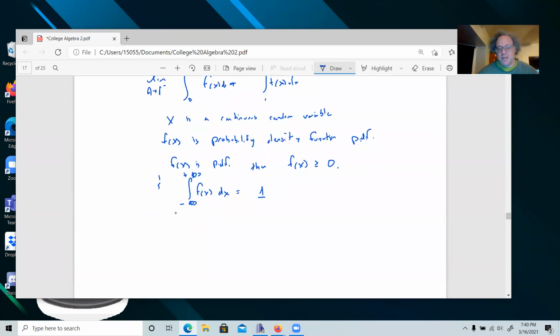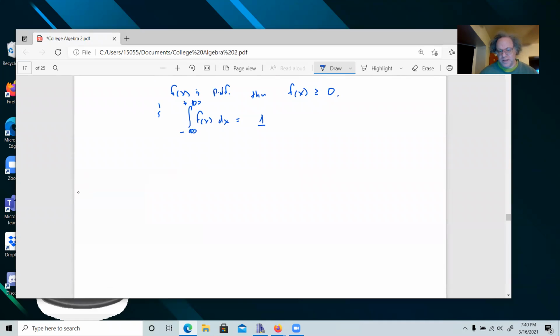The way we would write that is like this, one of my favorite PDFs for doing basic stats: f of x equals 1/12 when x is between 0 and 12, and 0 everywhere else.